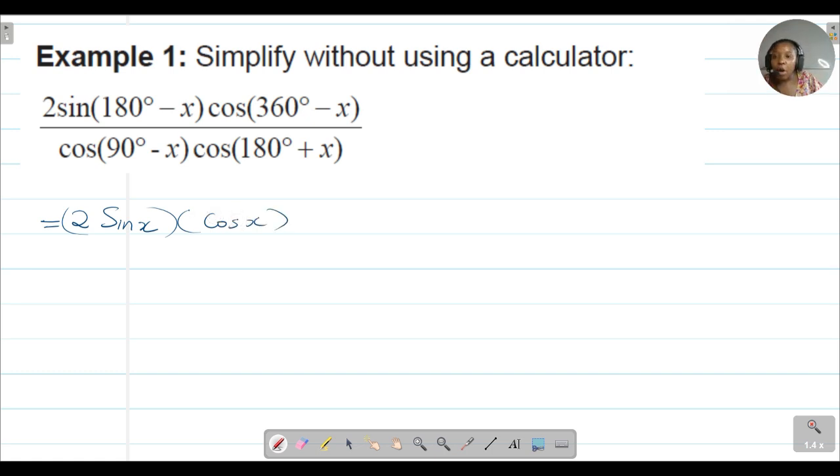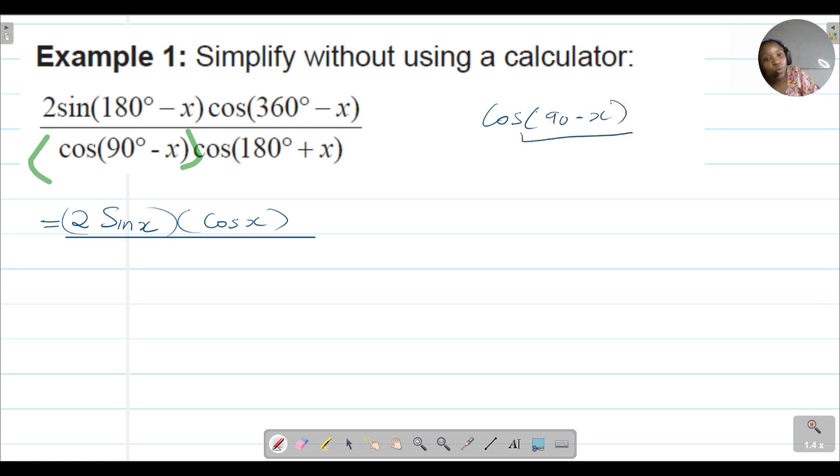Let's continue. Cos of 90 minus x. Here, you just need to remember that I'm given a cofunction. So you need to think back to your cofunction identities and how you're supposed to reduce them. If you're given cos of 90 minus x, remember, you ask yourself, in which quadrant am I?